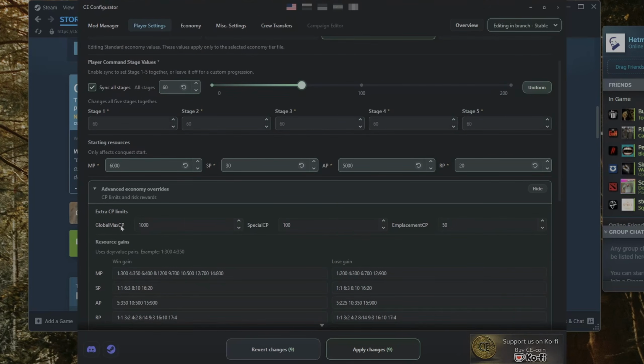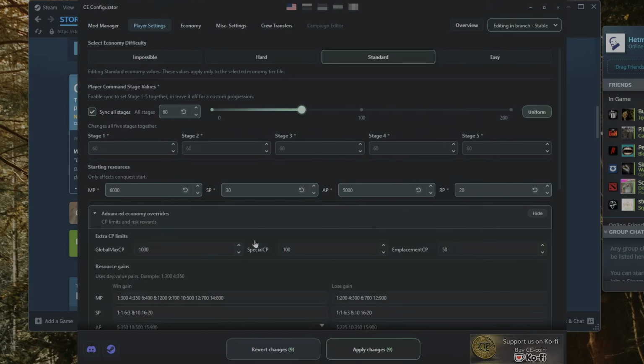Before we talk about global max CP, let's talk about special CP. So special CP, you first have to research those special things like bombardments, like heavy guns, mortar barrages, aerial bombs, or smoke screens, recon planes, airdrops, or even deployable planes that you can manually control.